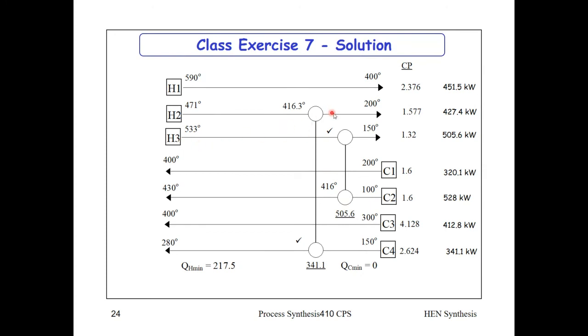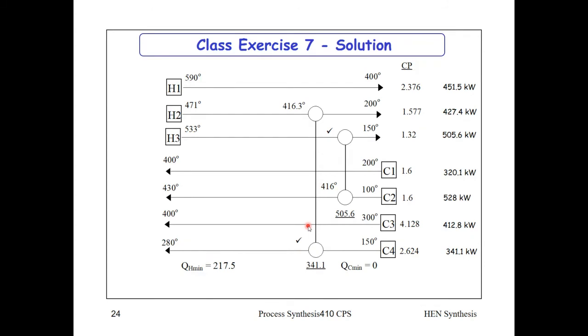Okay, the next one you do against the pinch will be this heat exchanger where CP hot is less than CP cold. And if you use 341 kilowatts, then you sort out this C4 totally.